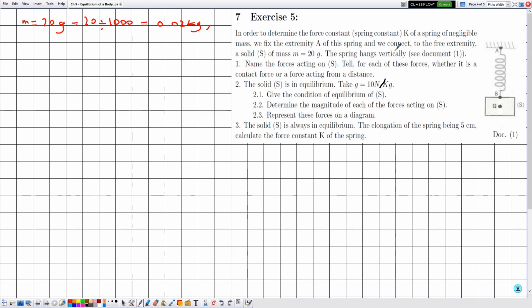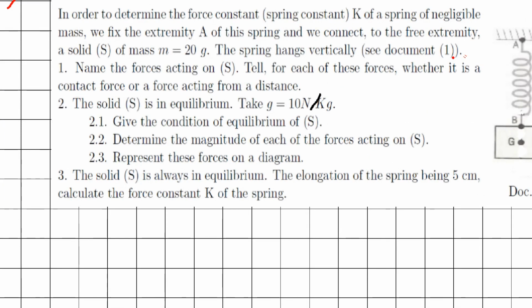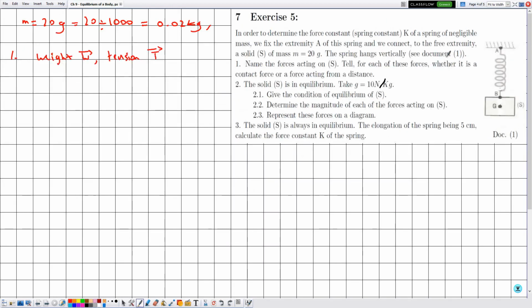Okay, now here in number 1 they are telling us to name the forces acting on S. Then the different forces acting on S, we have the weight because it has a mass, and because there is a spring, then it will be submitted to the tension T. And in the same part they are telling us to tell for each of these forces whether it's a contact force or force acting from a distance.